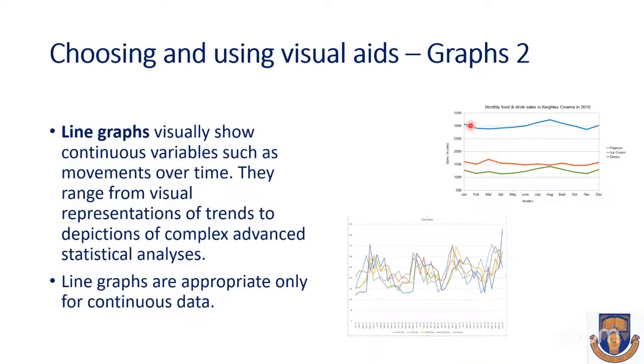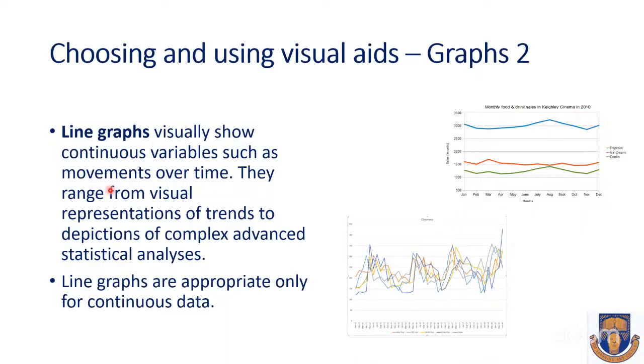Or is there an initial decrease, then it remained where it was, then a sharp rise, another decrease, before it increased again? Or is it just fluctuating mildly across time from January to December? So line graphs help you show movements over time, all right?